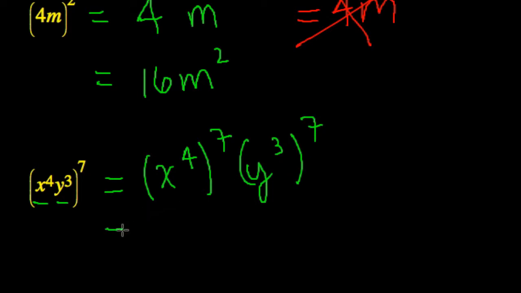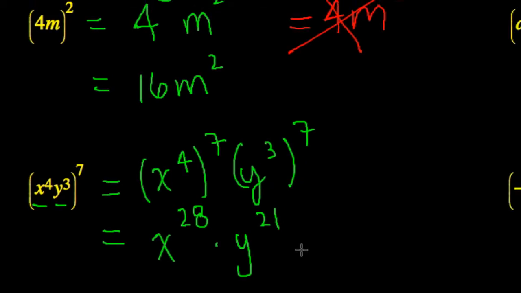Now we use our power of a power rule, which has us multiply exponents. This gives us x to the big exponent 28, because 4 times 7 is 28, times y to the exponent 21. So it's x to the 28 times y to the 21.